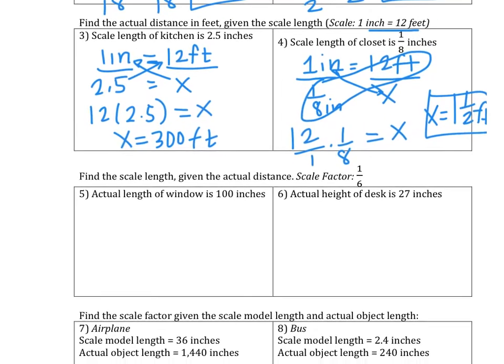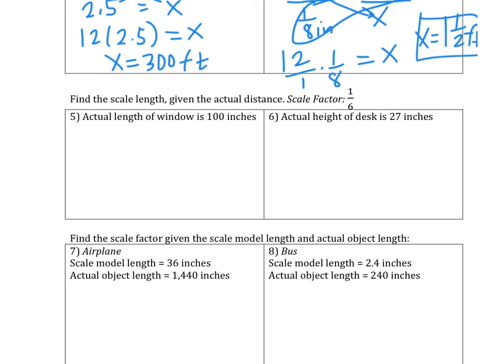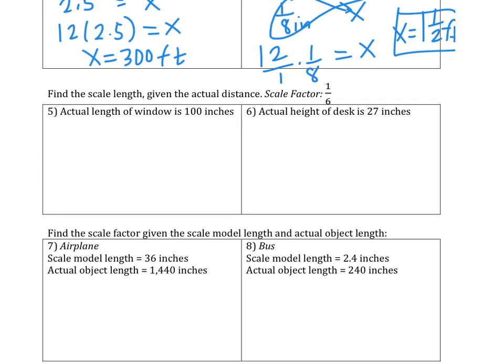Number 5, our scale factor in this one is going to be 1/6. So we have the actual length of the window is 100 inches. So our scale factor is 1 to 6. So 1 is the scale amount, 6 is the actual amount.